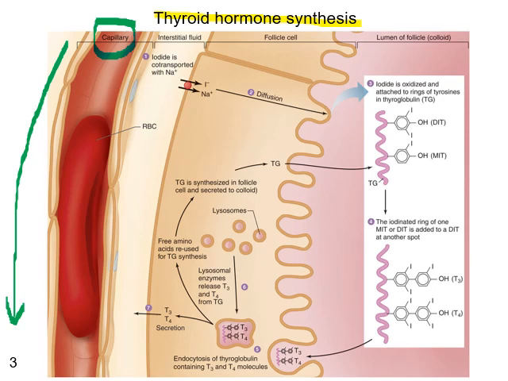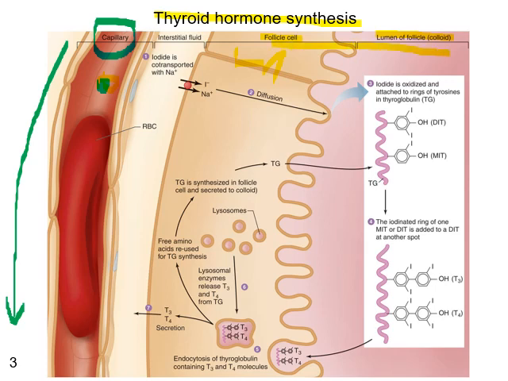This layer here is supposed to illustrate layers of cells. These are cells of the thyroid that line a lumen called the colloid. So we have blood flow over here, blood flow, and cells of the thyroid.